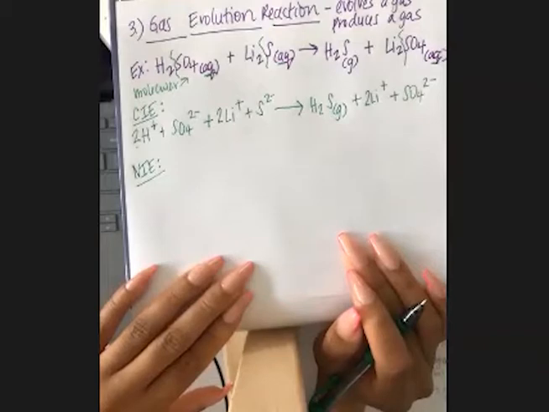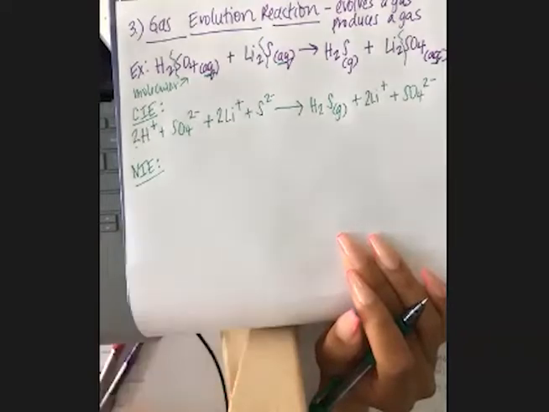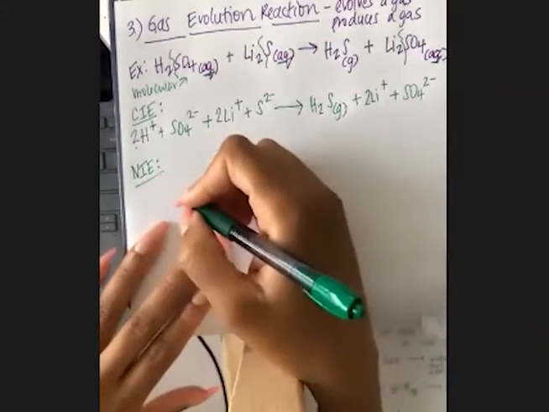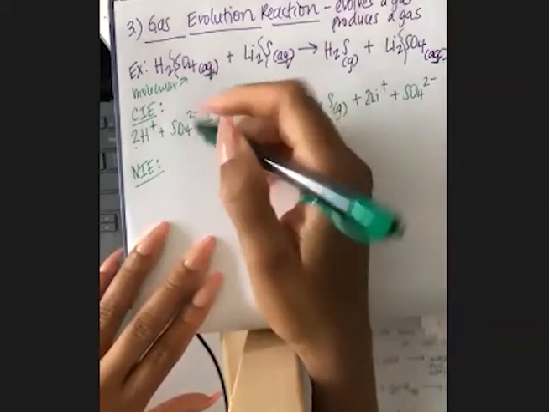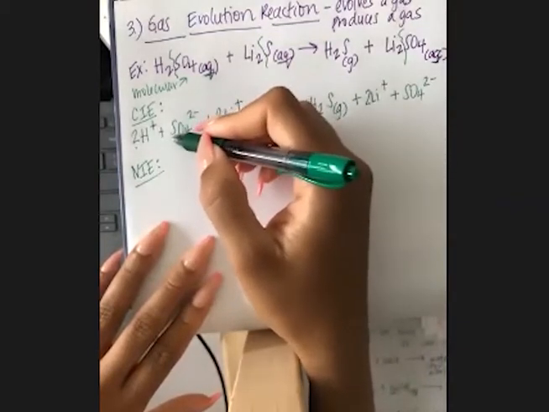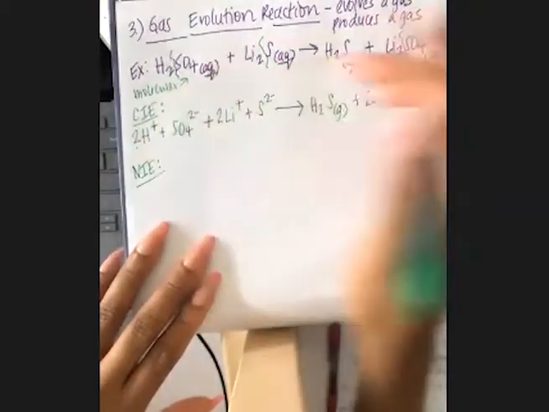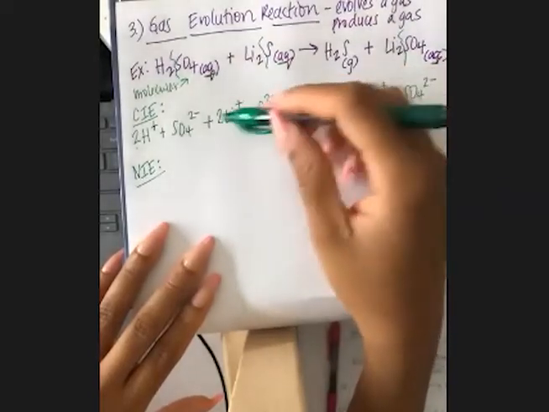We're taking the sulfate out because those are spectators, and there are also 2 lithiums on each side.